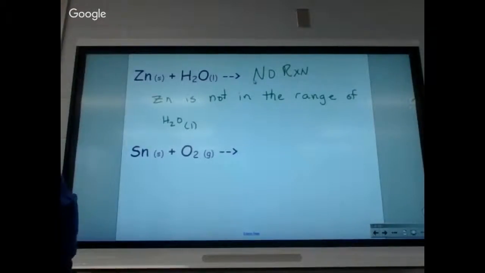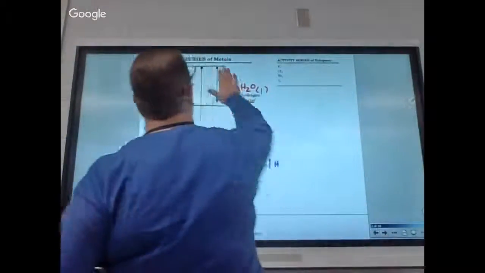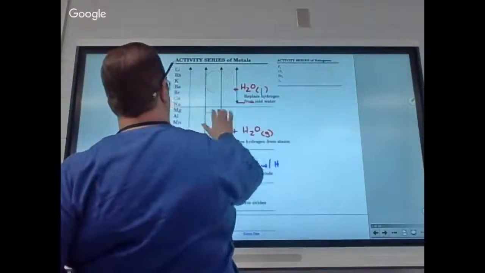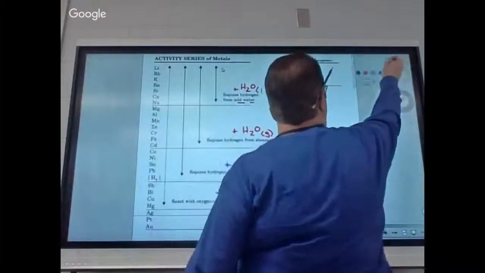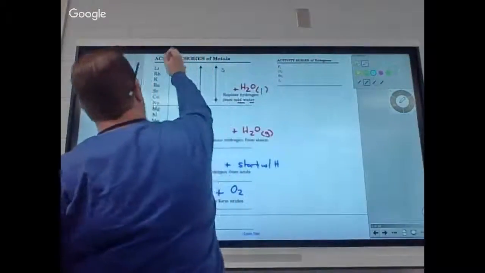All right, so for the next one, do Sn plus O2. Do I have something that fits one of the 4 arrows? Which arrow do I have this time? The oxygen arrow. Okay, so if I go back to the chart, let me pick my highlighter here.